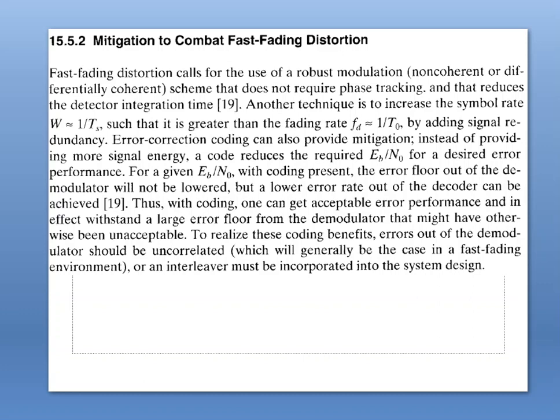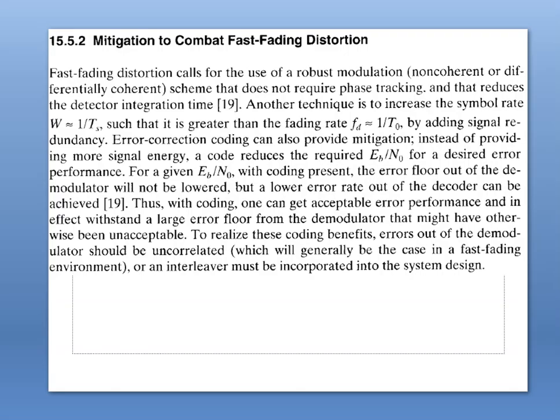Error correction codes can also provide mitigation. Instead of providing more signal energy, a code reduces the required Eb/N0 for the desired error performance. For a given Eb/N0 with coding present, the error floor of the demodulator will not be lower, but a lower error rate out of the decoder can be achieved.